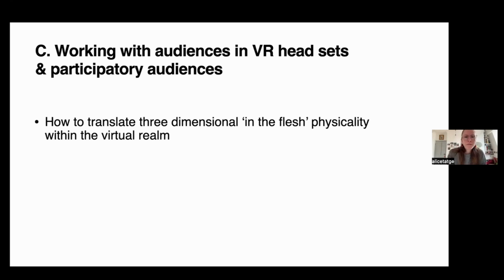I have found in my experience with VR that a lot of things can be applicable to both realms, the participatory and live and the VR reality. But with regards to VR, how do you translate three-dimensional in-the-flesh physicality within the virtual realm? That takes a slightly different take when you're working with VR.